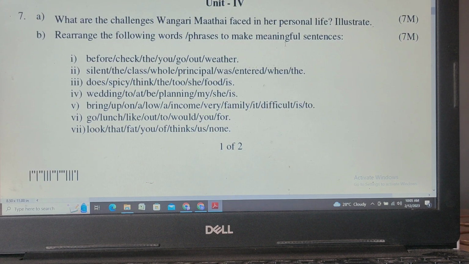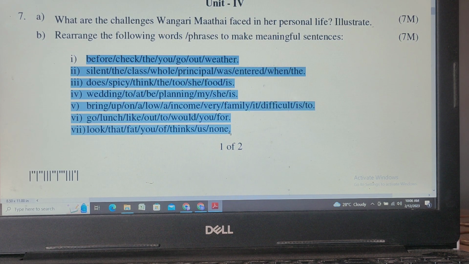Let's talk about unit 4, which is a bit relaxing unit, because here you have a combination of grammar. You have Mathai plus this damn easiest task, which we have in our first lesson: arranging the jumbled words into a proper sentence. See, 'before check the, you go out weather.'